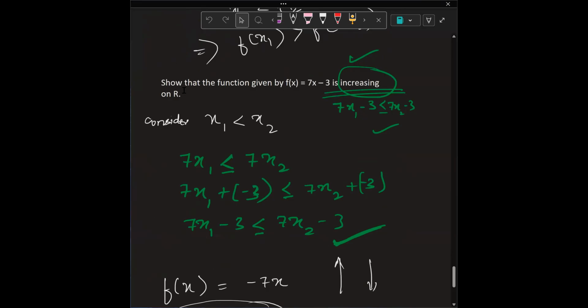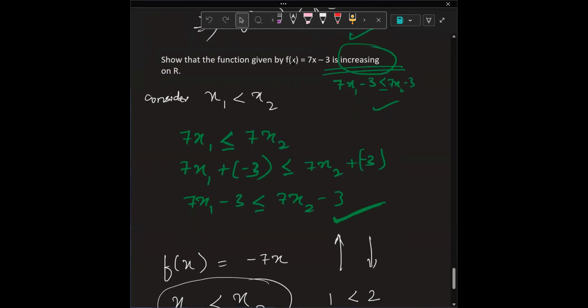So we did a question like show that a function given by f(x) equals 7x minus 3 is increasing on R. On R means real numbers. So this is what we need to prove, that this is increasing. So what I will do, I will consider x1 is less than x2, and I will multiply this by 7, then I'll get this, and I will add minus 3 on both sides, so I'm getting this.